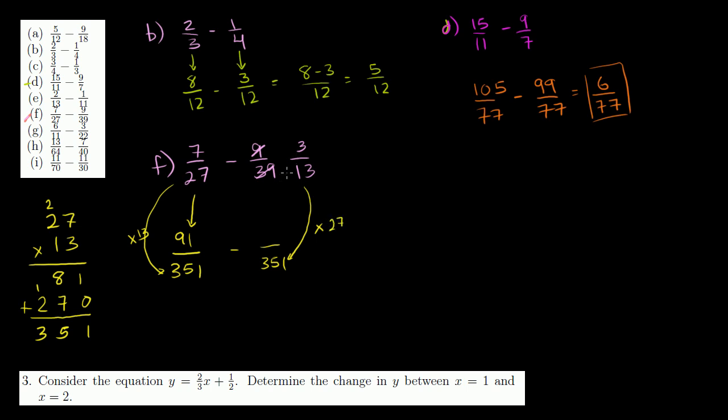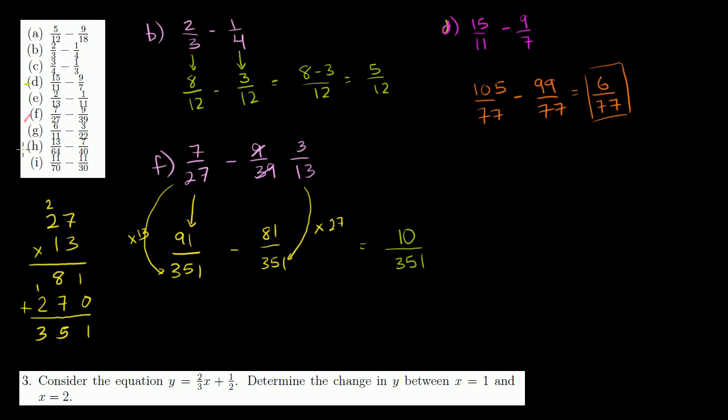So on the numerator, we have to multiply by 27. 3 times 27, that is 60 plus 21, that is 81. And so our answer is going to be over 351. And 91 minus 81, well, that's just 10. And then we are done.